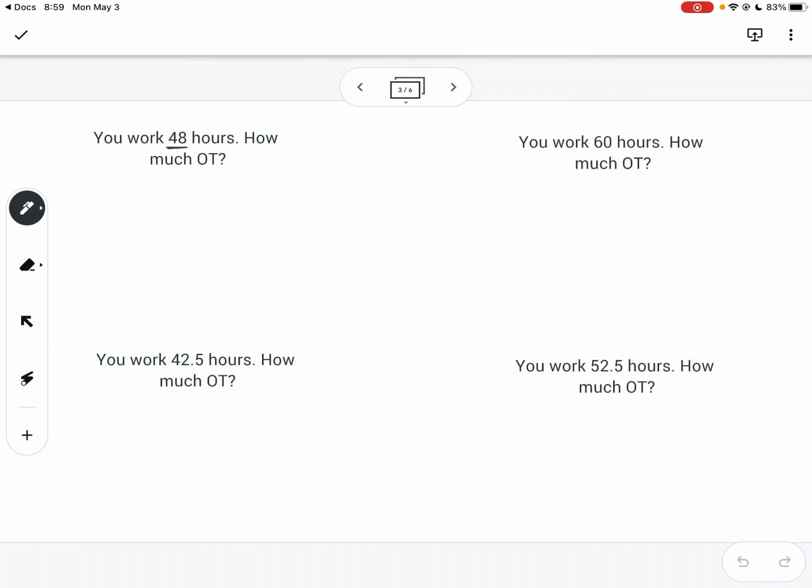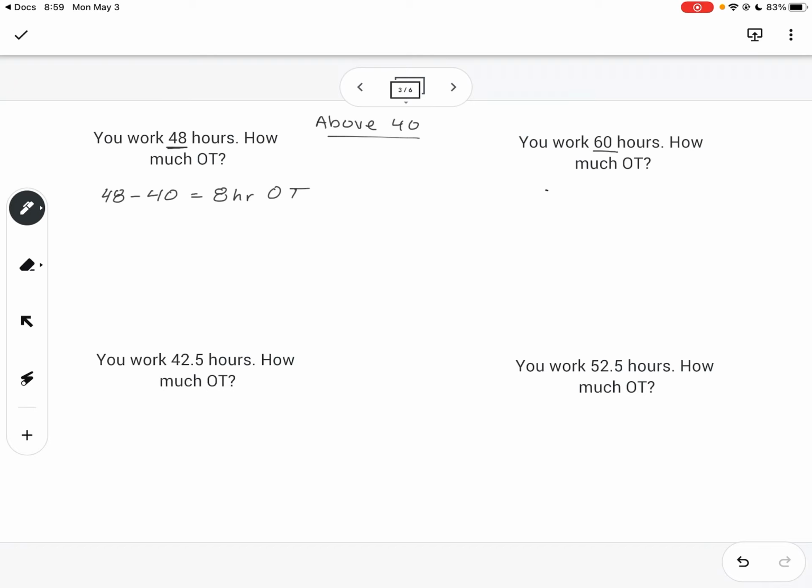So the other thing that we need to know is how many hours of overtime did you actually work? So if you work 48 hours, and we're saying overtime is above 40, I would do 48 minus 40, which would give me 8 hours of overtime.